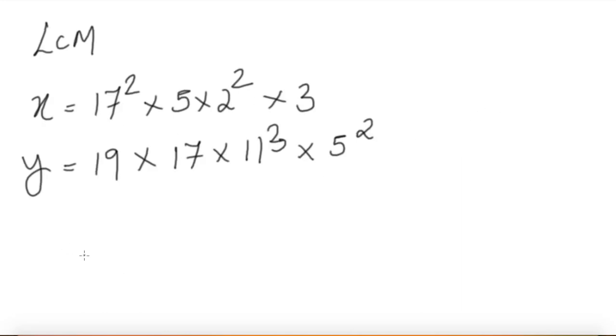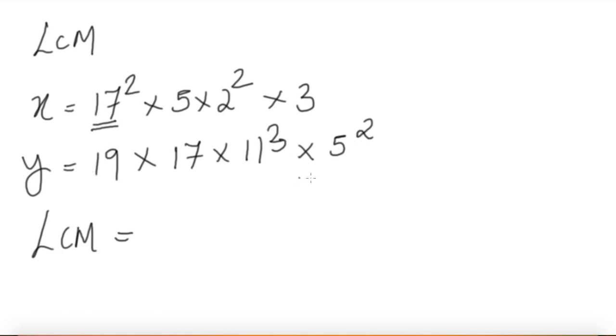I've taken a very big number, which is x, and which is y, and I need to find an LCM of this. The easiest technique is, we know that x and y are both factors of that number. So that number is definitely such that it is a multiple of x as well as y. So if I have to find the LCM, the quickest technique is I go to the first number, which is 17.